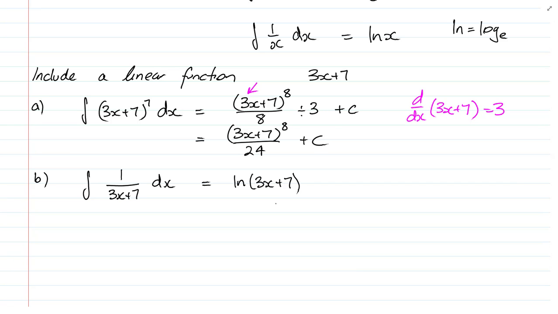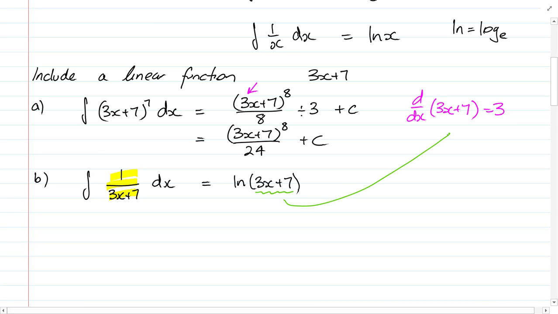So if we derived that function, the log would make it 1 over 3x plus 7, giving us the integrand that we're working with, but we would have to use the chain rule, and we would have to also derive the inside function, which would give us that extra factor of 3 again. So in this case, we need to also divide by 3 and add c.